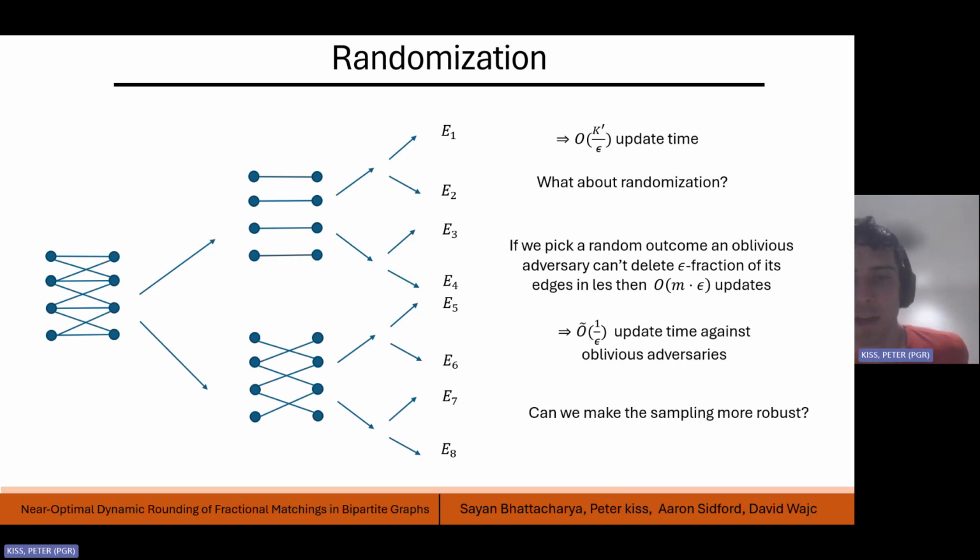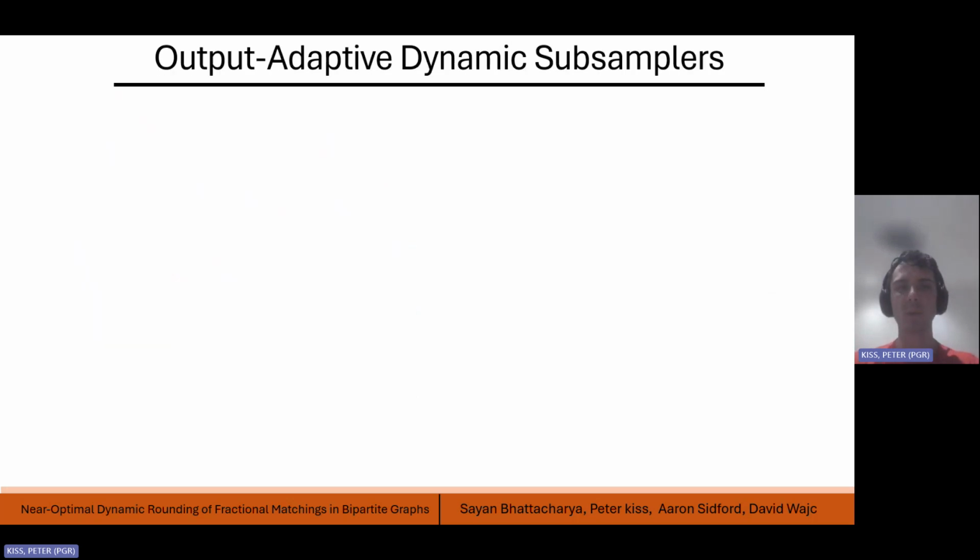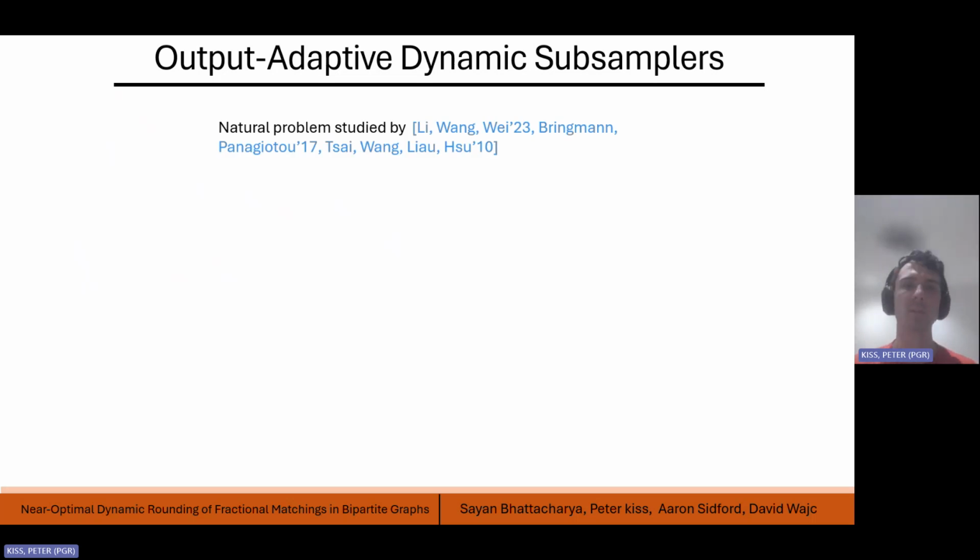oblivious adversaries. And the idea is, could we do some smarter sampling and make this algorithm more robust? For this, we will use output adapted dynamic subsamplers, which are a generalization of dynamic subsamplers which have been studied by others before. We'll define this data structure now. A dynamic set sampler is a data structure which can support the following three operations.